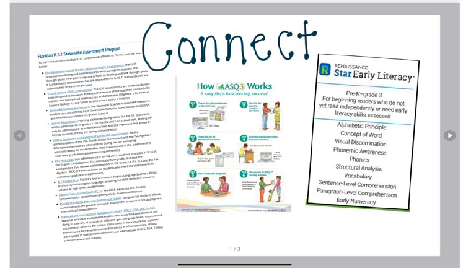The validity wise, it really did meet its purpose, and its intention for what it is. It was to measure specific phonological awareness standards, early numeracy, and things like that. And it totally validated those points.